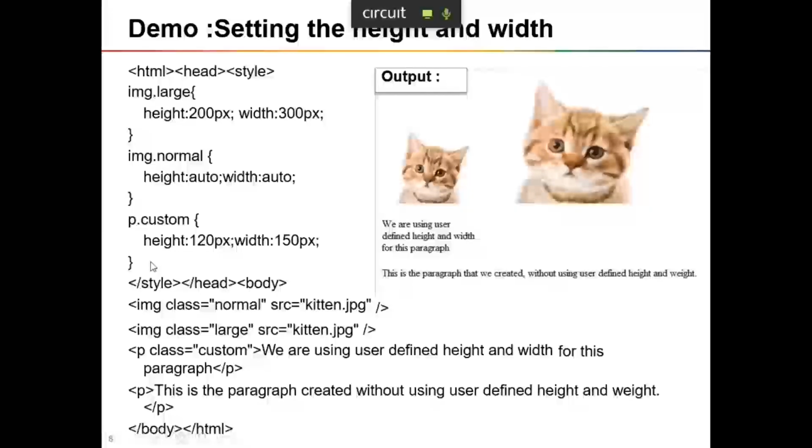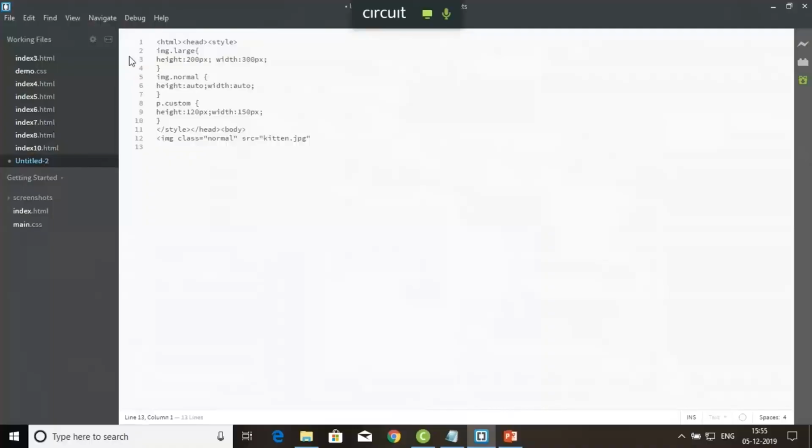Now for this text, what have I defined? 120 pixels height and 150 pixels width for this text. So it will come in that range, right? So this is a very simple example to use.